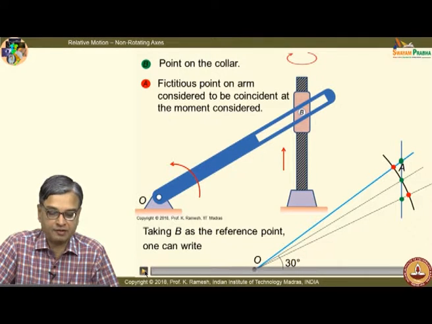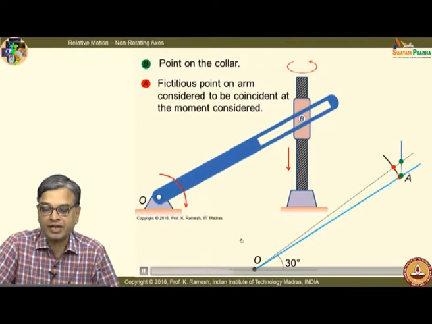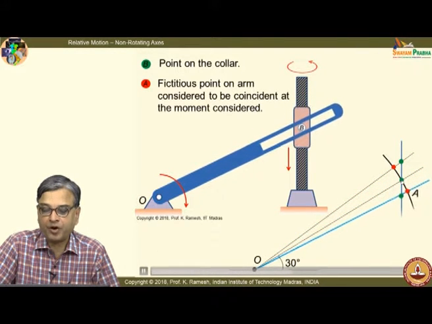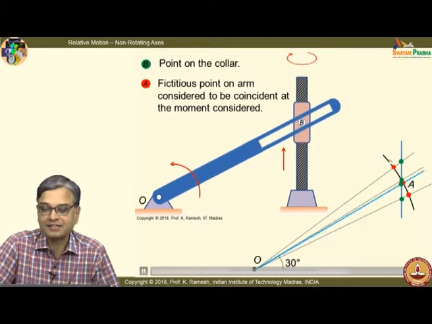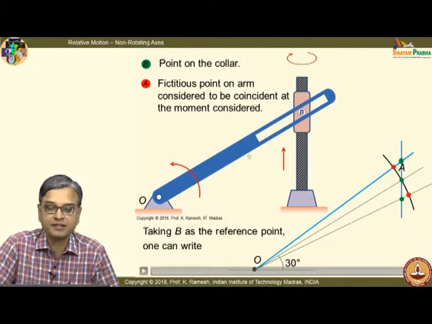I will again show the animation, and you could see the point A has a circular motion, because this is dictated by the pinned slotted member. The point A is considered as if it is coincident with point B at this juncture.